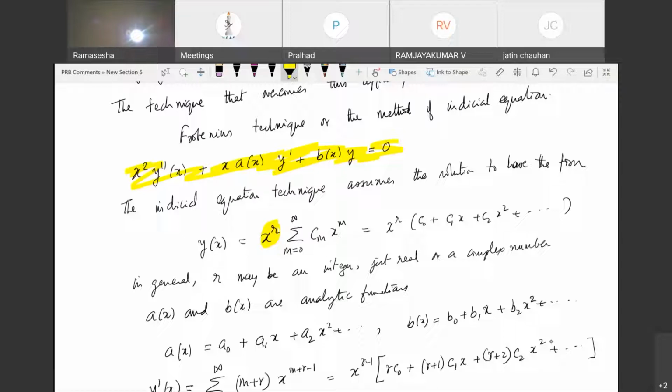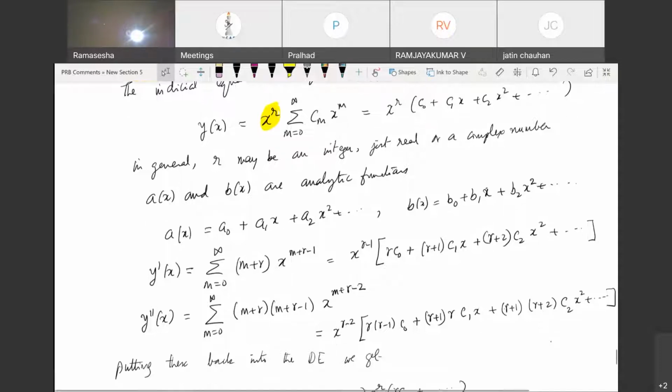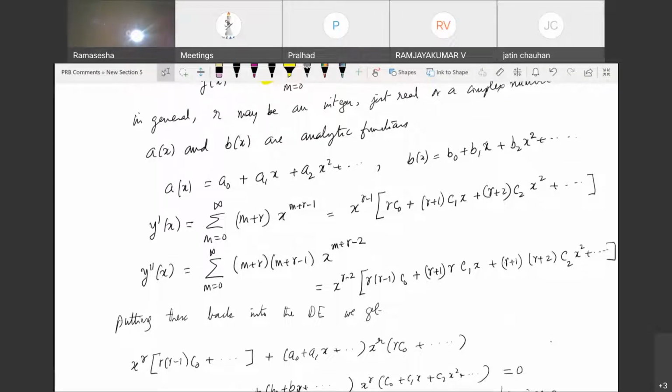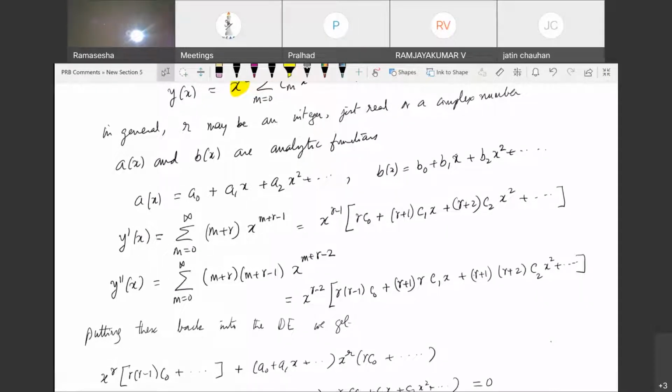To determine r, what we do is the following. We expand a(x) in a Maclaurin Taylor series expansion as a0 plus a1 x plus a2 x squared, etc. Similarly, b(x) equals b0 plus b1 x plus b2 x squared, and so on. Then we substitute for y prime, y double prime, and y, as well as a(x) and b(x), into our differential equation.